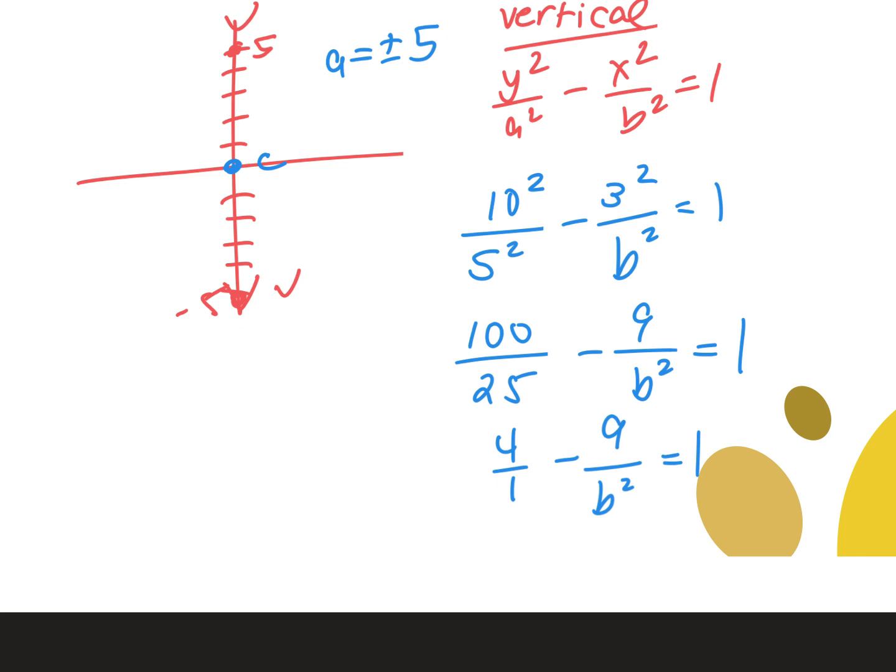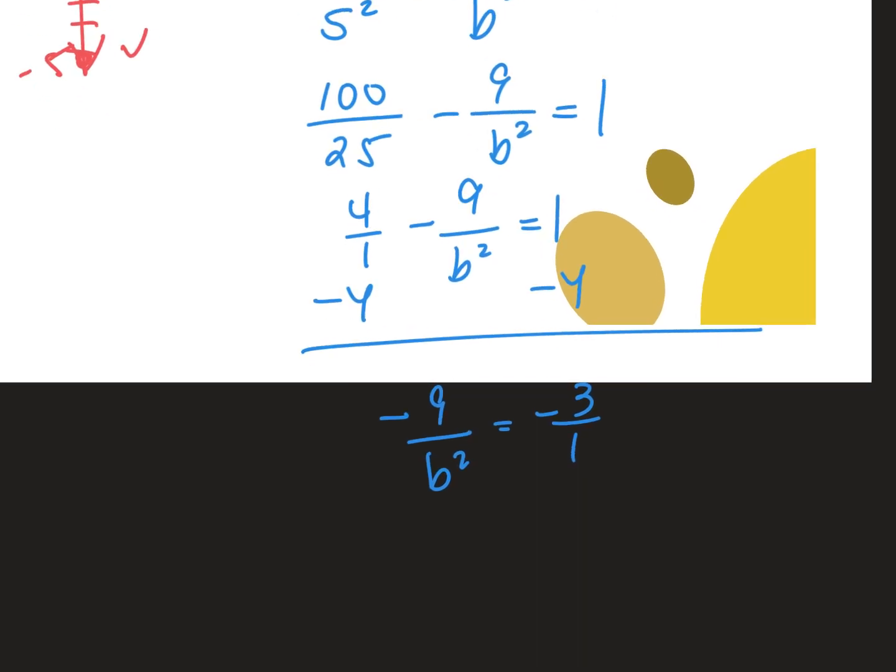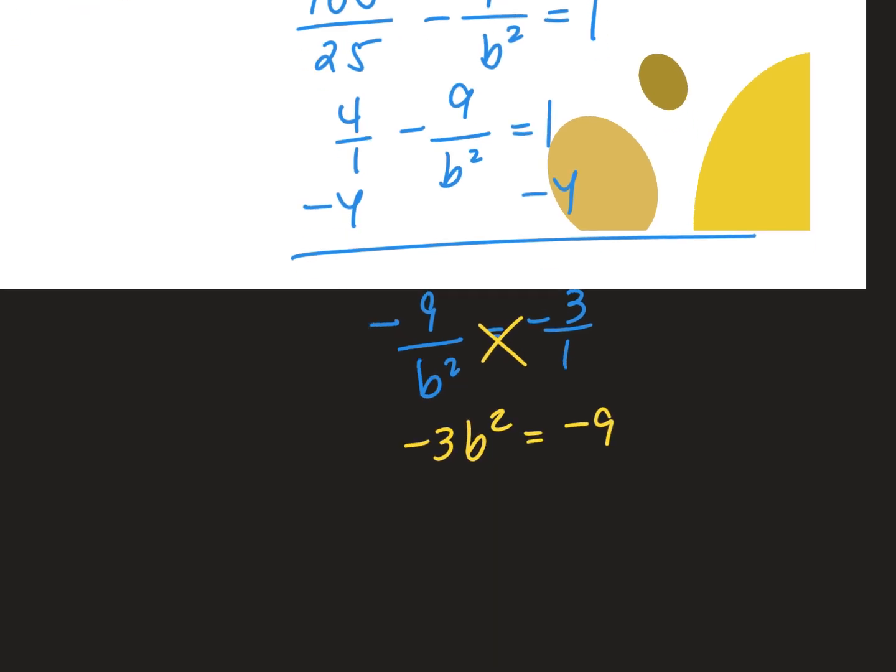All right, so now what do I do? Okay, I'm going to subtract 4. So negative 9 over b squared equals what? Negative 3 over 1, okay. How do we solve this? You cross multiply, so I have negative 3b squared equals negative 9.